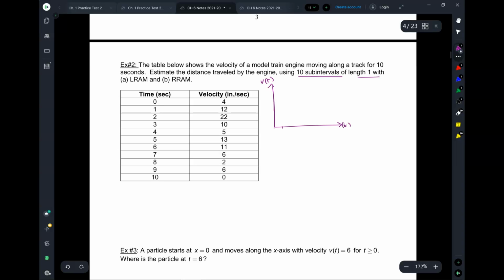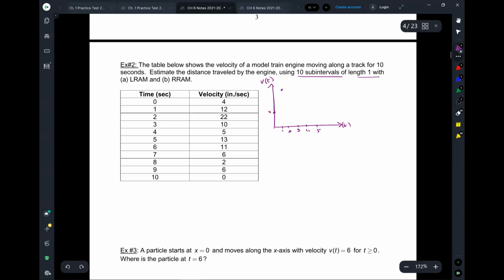So 0, 1, 2, 3, 4, 5, and so on. At t equals 0, it's 4. At t equals 1, it's 12. At t equals 2, it's 22, and so on and so forth, right?